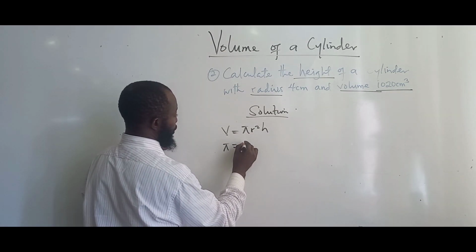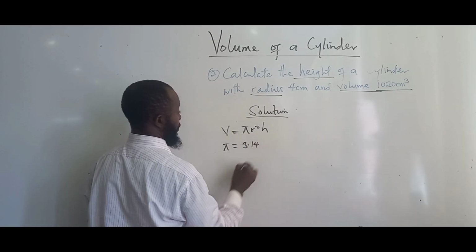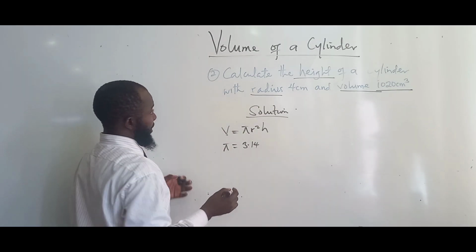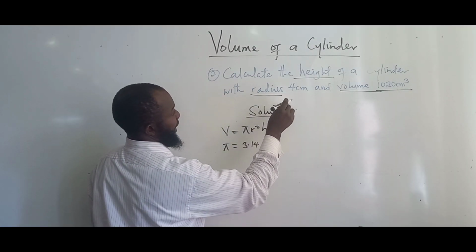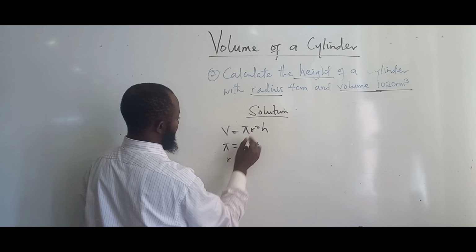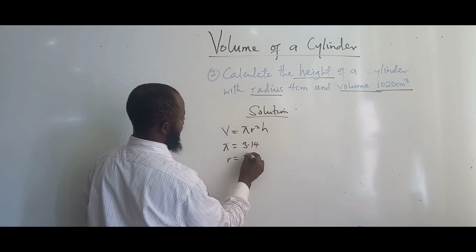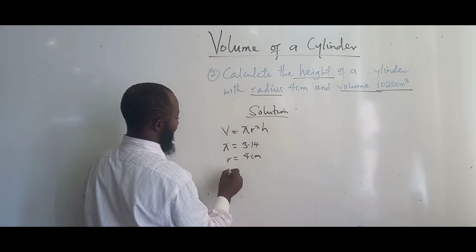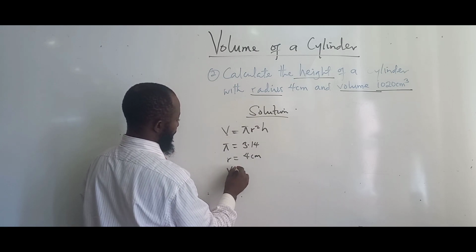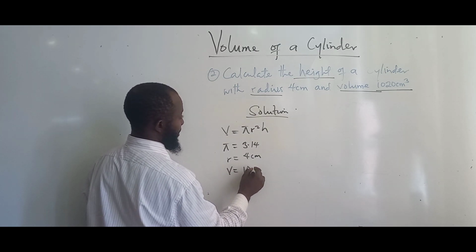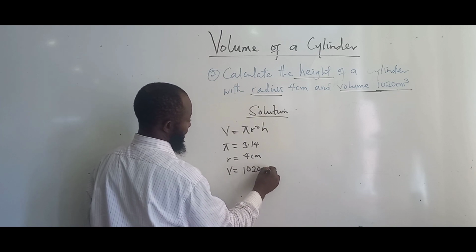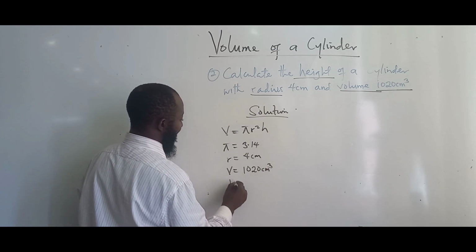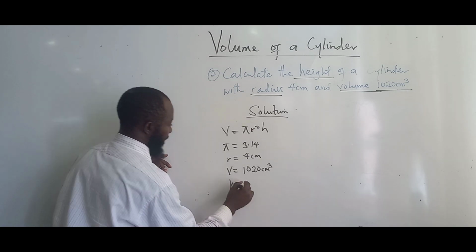So here I'm going to use 3.14 for my pi. Then the radius is given to be 4 centimeters, while the volume V is given to be 1020 centimeters cubed. The height is what we are looking for.